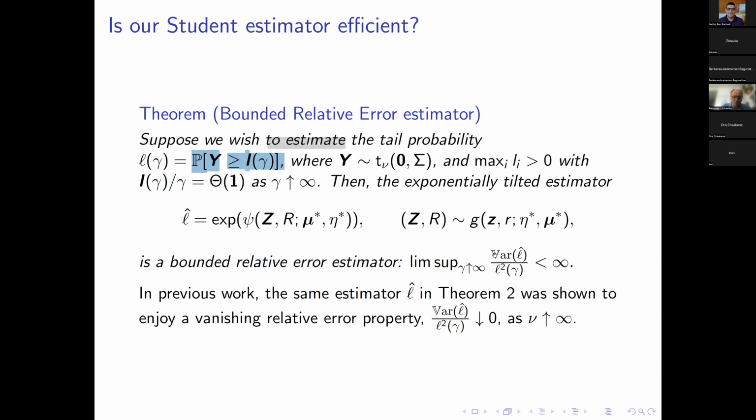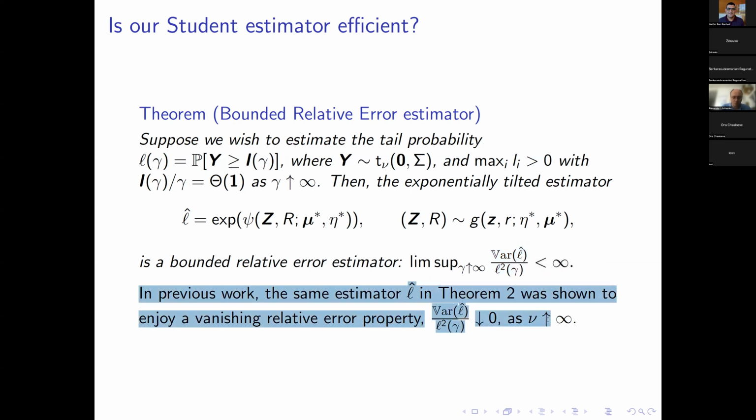And we can estimate this reliably, even for astronomically small probabilities. In previous work, when the degrees of freedom go to infinity, we can show that the relative error goes to 0. So we have a vanishing relative error estimator.